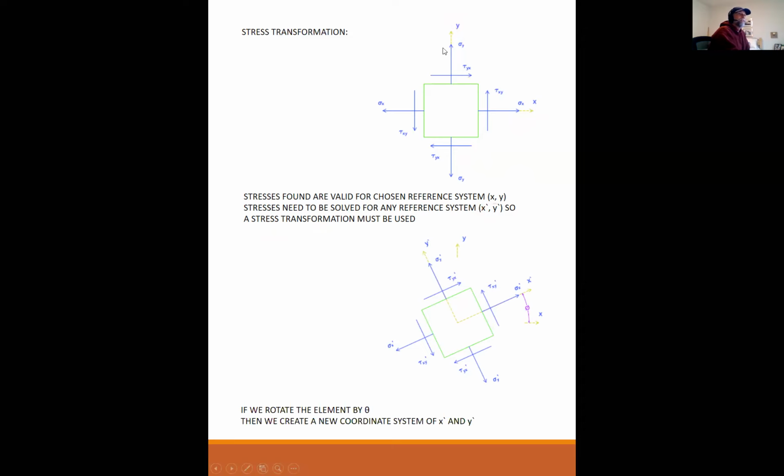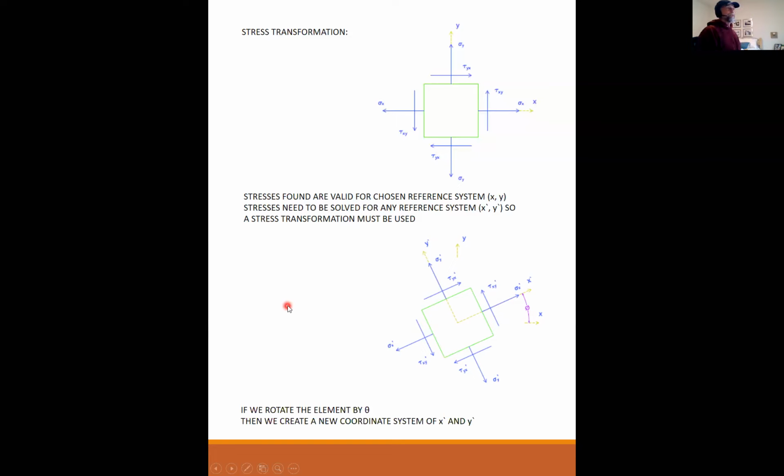If I rotate this whole coordinate system by some angle theta, then I have a whole new set of stresses. I have sigma x prime, I have sigma y prime, and tau x prime y prime. So these stresses are related to these stresses, but they're different, and they're different depending upon how much this angle rotates them. So that's our goal for tonight: to establish a way so that if we know this, we should be able to know the stresses on any given rotated system.